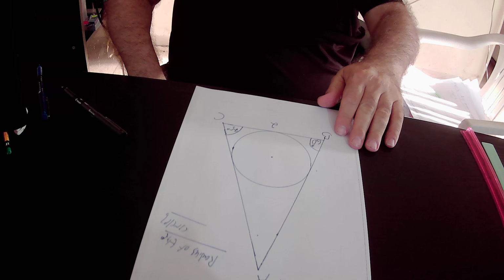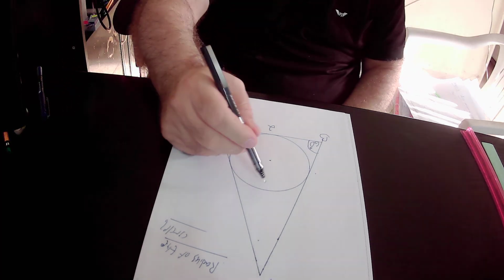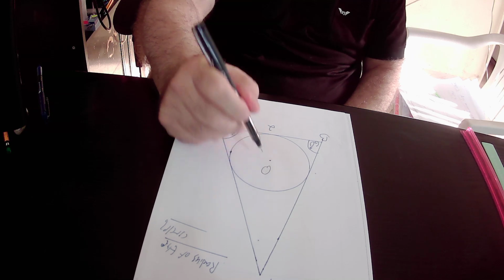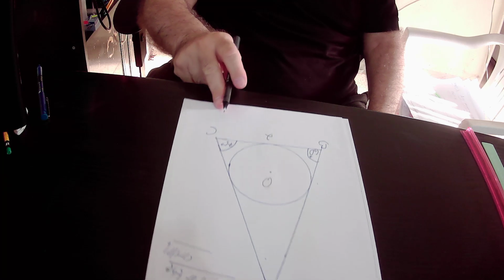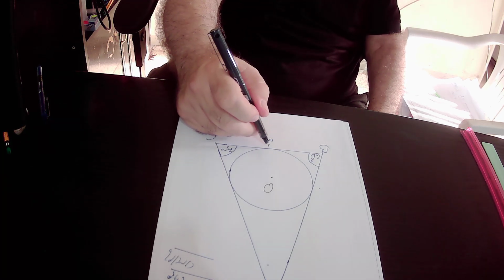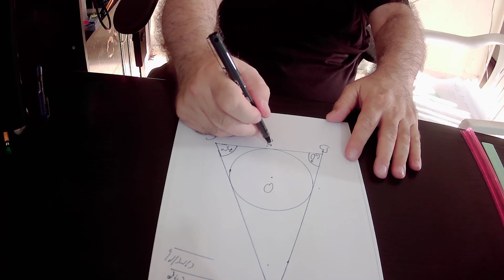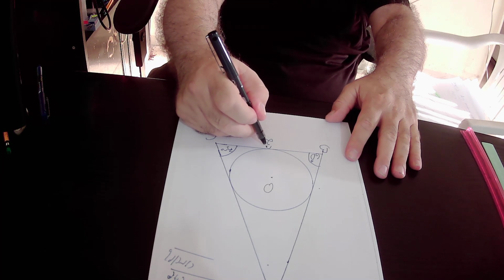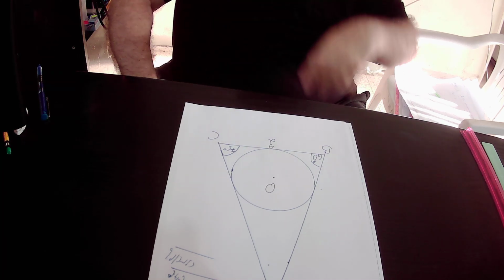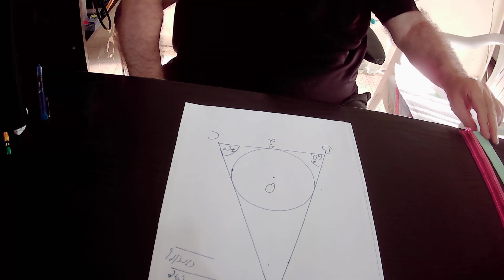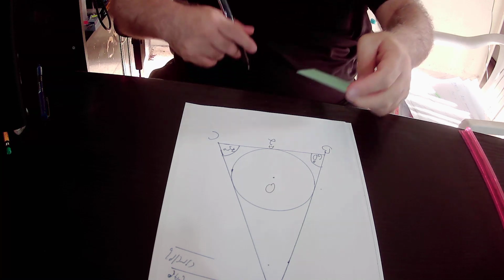In the second method, we will define the center of the circle as point O. We will define the point of tangency of tangent BC with this circle as D. We will join points O and D together by a straight line.